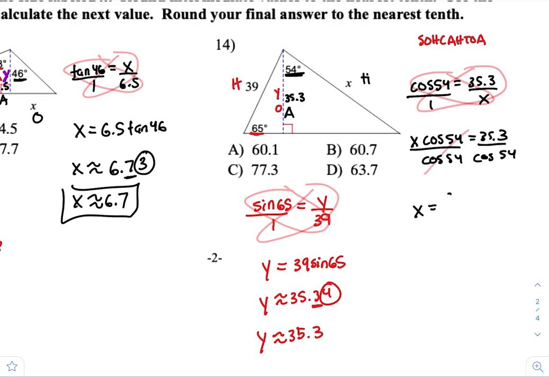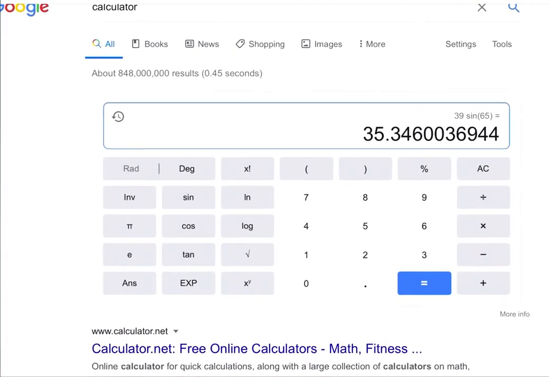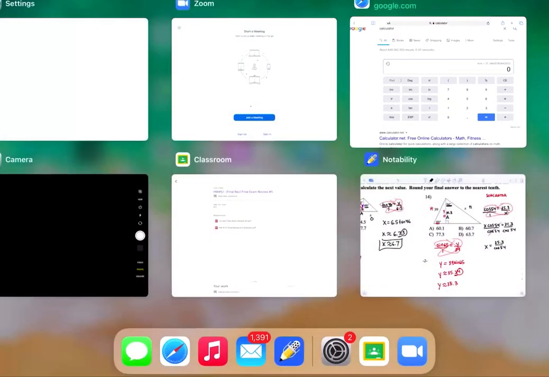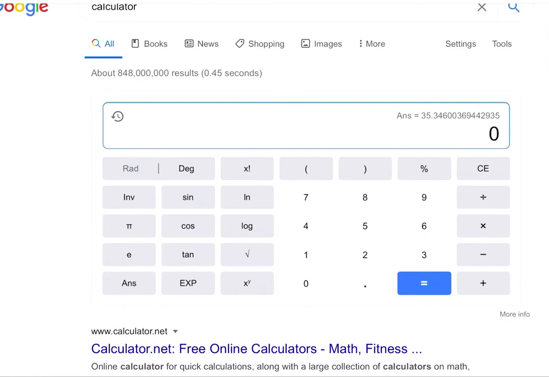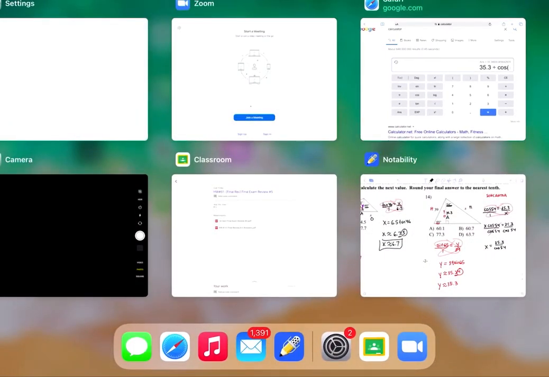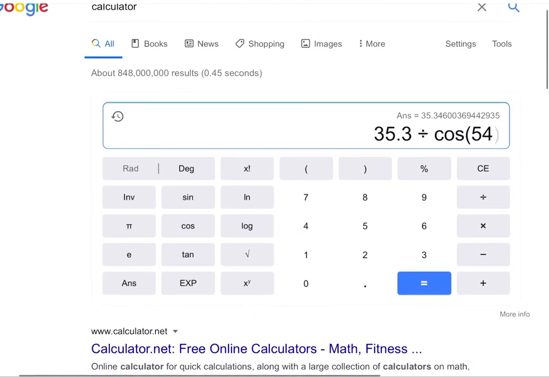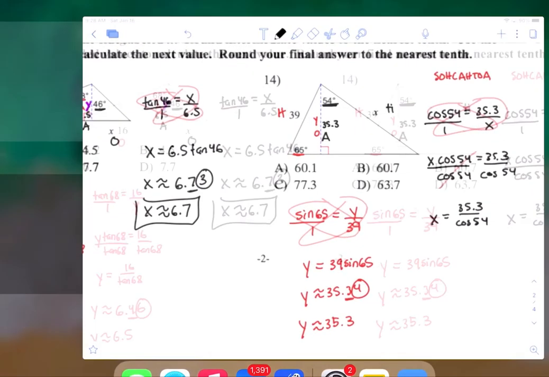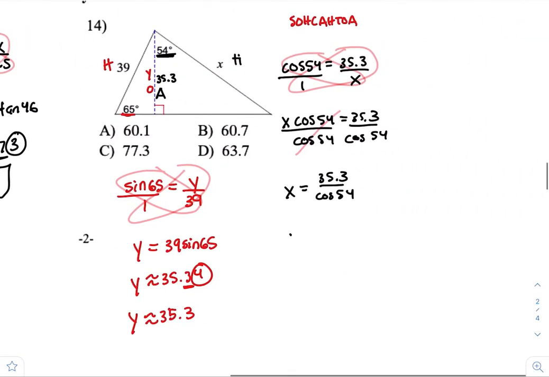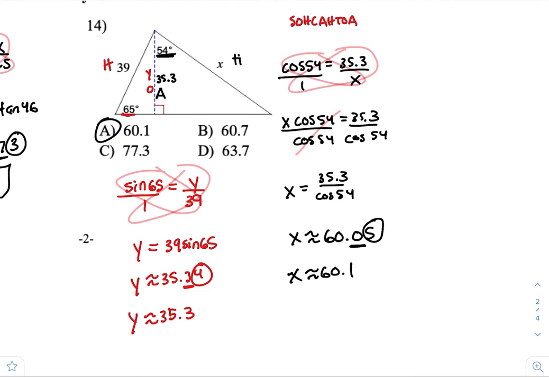So x is going to equal 35.3 divided by cosine of 54. So it is 60.05. So x is roughly 60.05. This is the tenth. This 5 tells us to round up. So x is roughly 60.1, which is A.